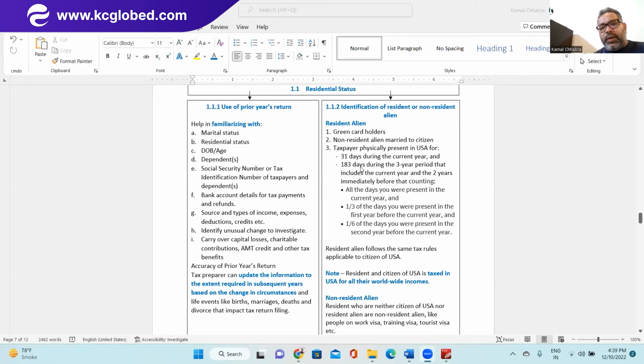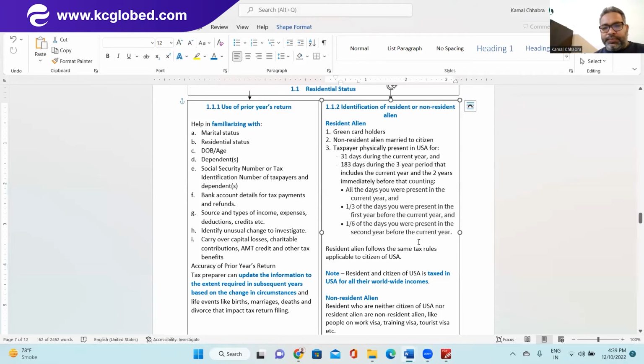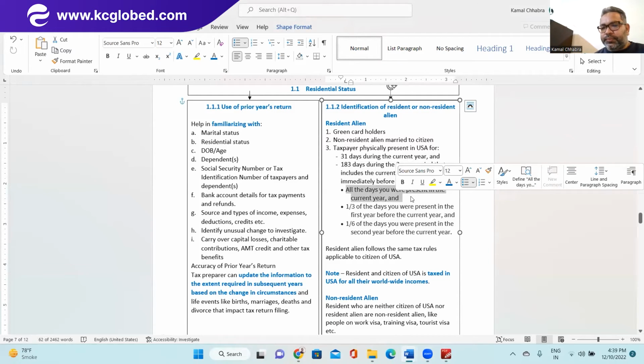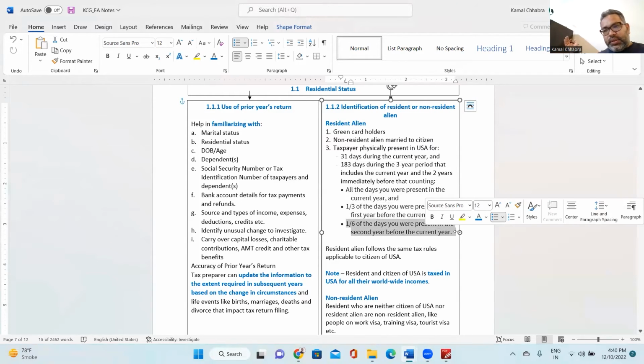To calculate 183 days during the 3-year period, if you see this paragraph I'm talking about, it says how you calculate this: all the days that you were present in the current year, 1/3 of the days you were present in the first year before the current year, that means the previous year, and 1/6 of the days you were present in the year before the previous year.